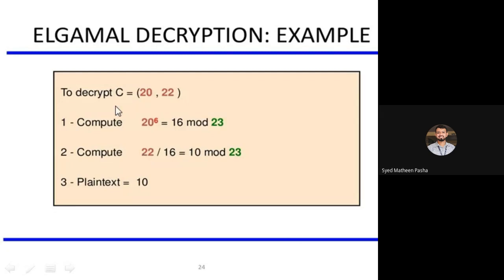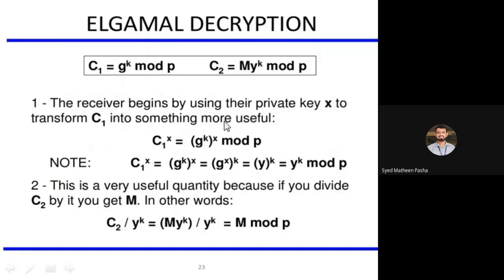So the decryption part: to decrypt the ciphertext 20 and 22, remember C1 and C2. So I got this with respect to this formula. The receiver begins by using their private key x to transform C1 into something more meaningful. So I can say C1 to the power of x can be given by, you already know all these values, so you can compute the first part, that is y to the power of x mod p.